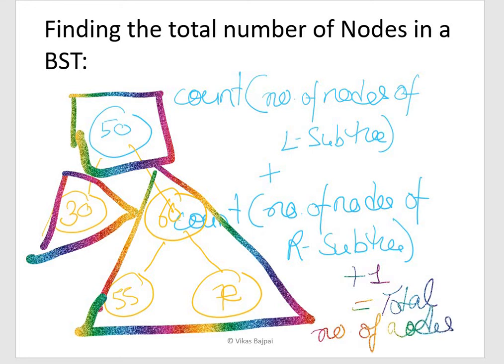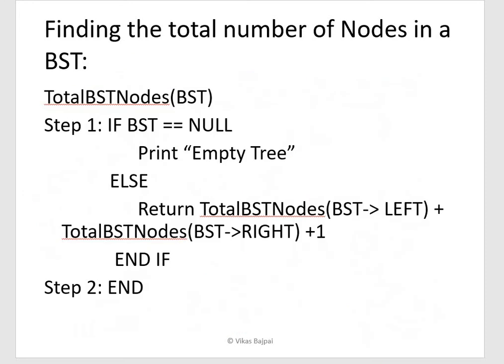So the number of nodes on the left subtree, the number of nodes on the right subtree, and adding 1 for the root node would give me the actual count. Let's see how my algorithm works. Once again, we'll check for the empty tree condition.